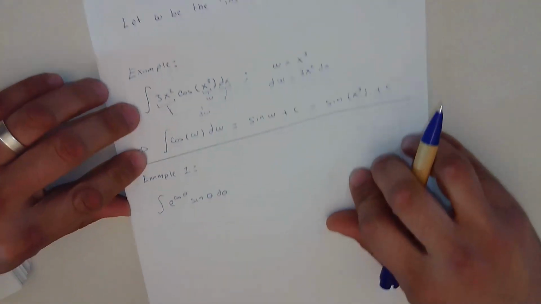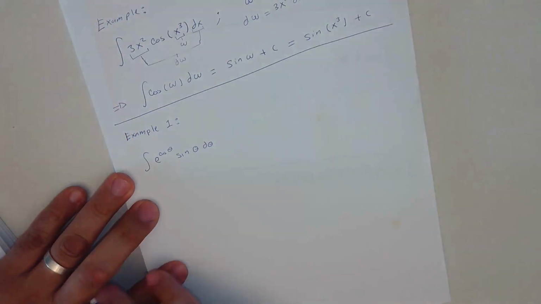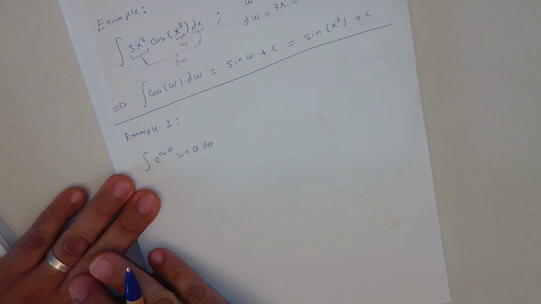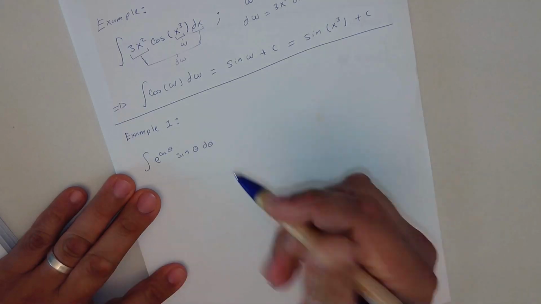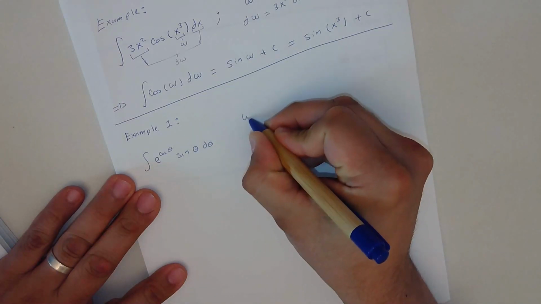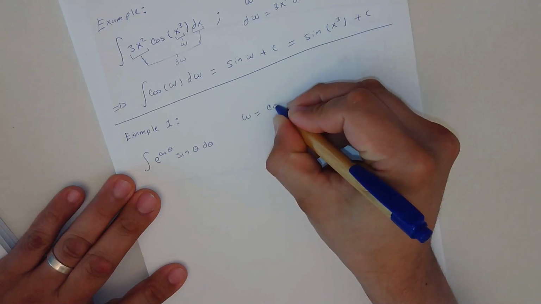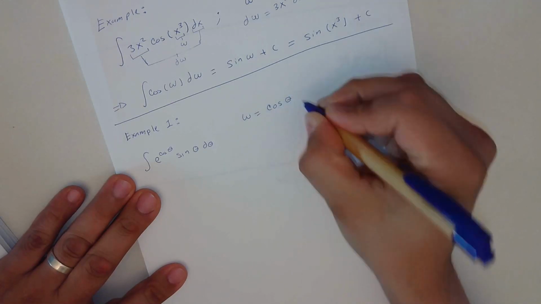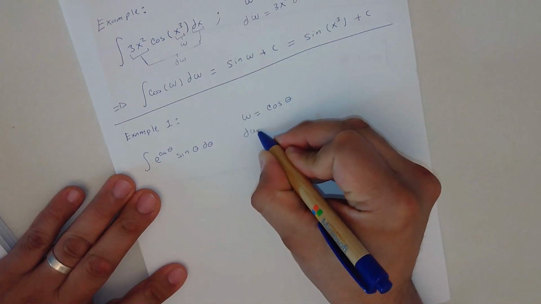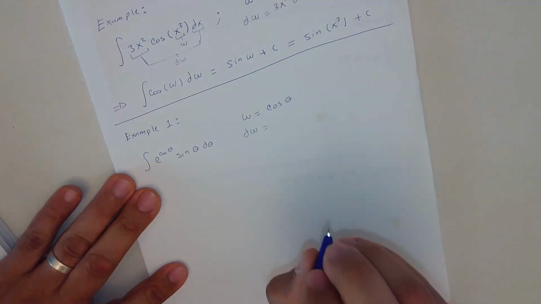Now let's do another example here. If I have this integral, what will be the variable that we should substitute here? I will say that we should take w equal to the cosine of theta. Then what is the derivative of w?